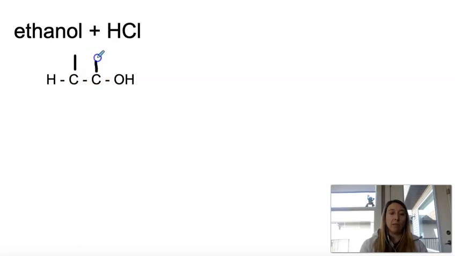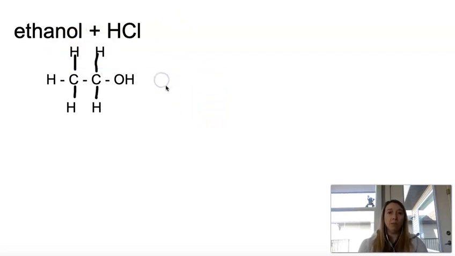Those structural diagrams tend to be the easiest to figure out what is going on. You can do the other ones, but I find when you're not actually writing what's where, sometimes you guys get confused as to what you can take off and what you can't take off. So it tends to be safer to just do it this way. It makes it a little bit easier for you.